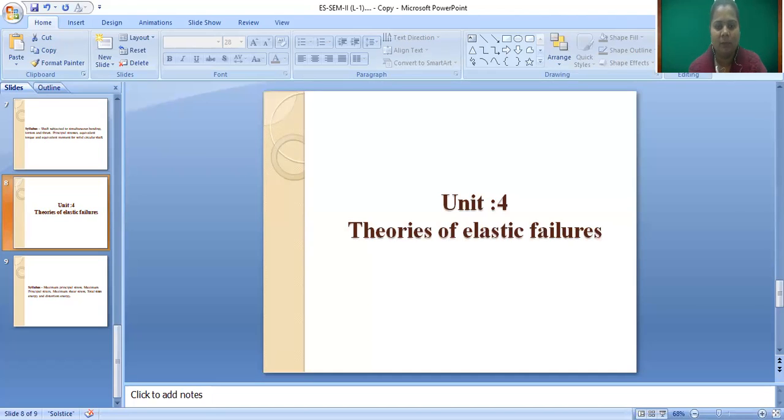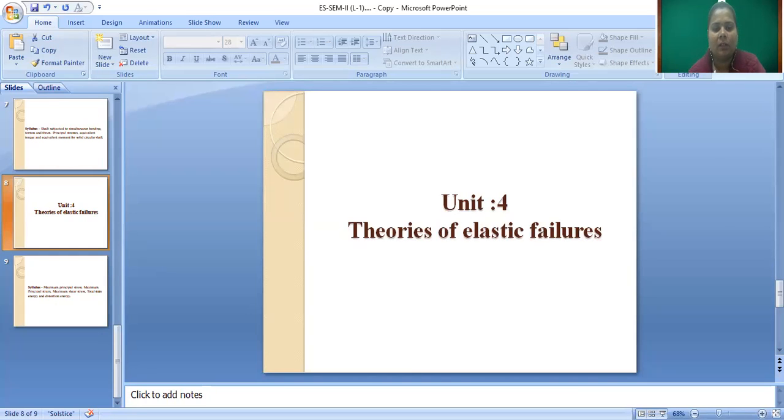First we will see the syllabus and then we will discuss one by one. Please write down the syllabus: maximum principal stress theory, maximum principal strain theory, maximum shear stress theory, total strain energy, and distortion energy theory.